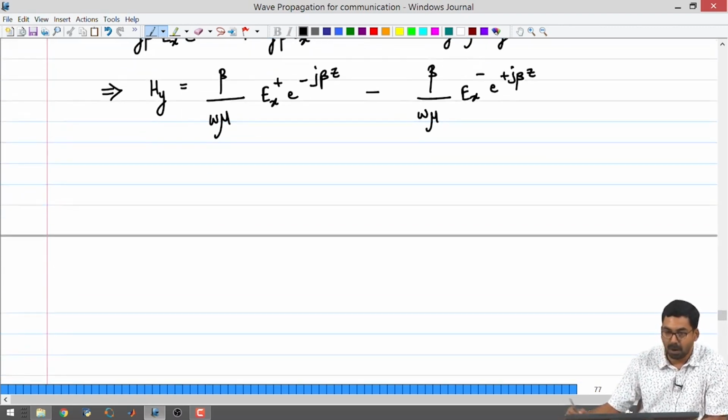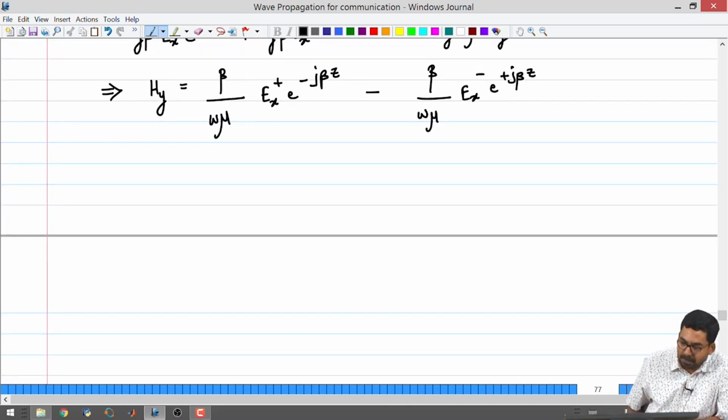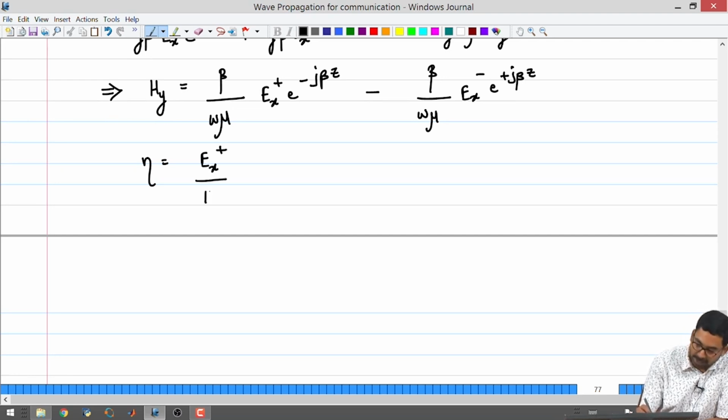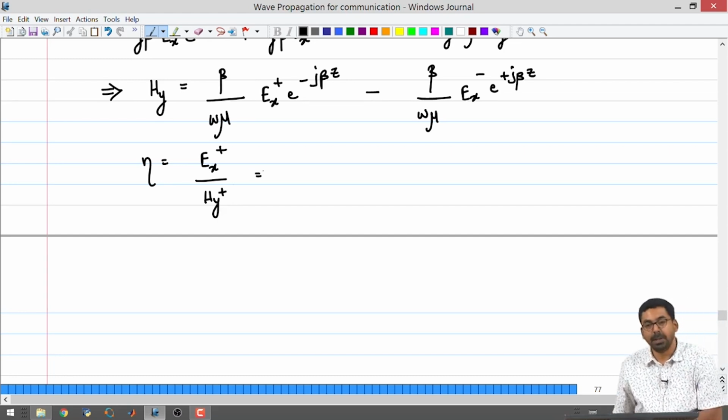We can now write down that there is going to be a forward characteristic impedance and a backward characteristic impedance. The characteristic impedance, the way we have to now define, is Ex plus divided by Hy plus. You can always substitute for Ex plus and Hy plus and see what value you are getting.